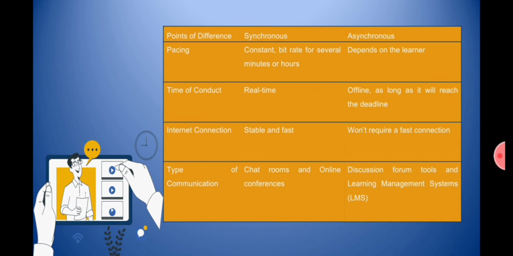Sa chat room, dito na to makuha sa Messenger, sa Google Meet, or other platforms na real-time ang ginagamit nato. While sa asynchronous, discussion forum, tools, and learning management system, mao na siya ang sa LMS. So, di naman nato ni iba, kabalo naman ta kung unsa ang asynchronous ug synchronous.